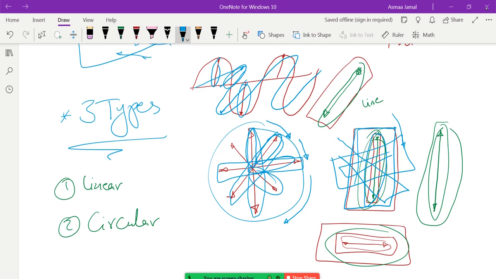If those amplitudes are not equal, let's say this one is longer, we can use this same idea of the rotating filter, but this time it will be the elliptical polarization.